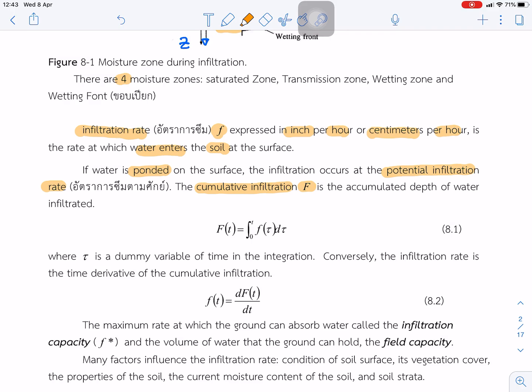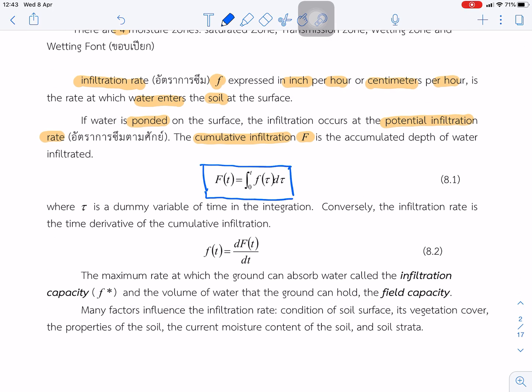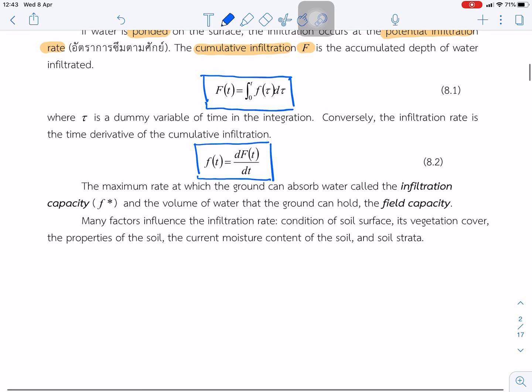So this is the equation for accumulated infiltration depth: an integration of the infiltration rate with time, and this is the equation for infiltration rate: the differentiation of the cumulative infiltration with time. So we can draw the picture like this.